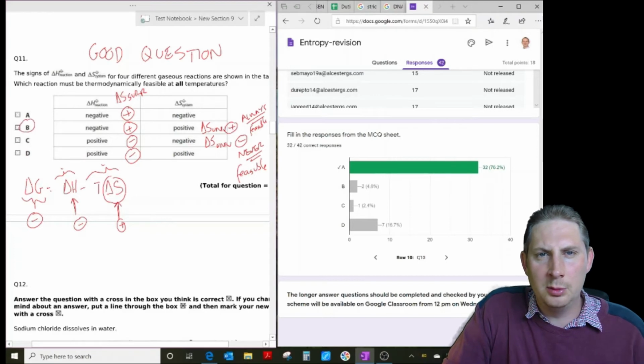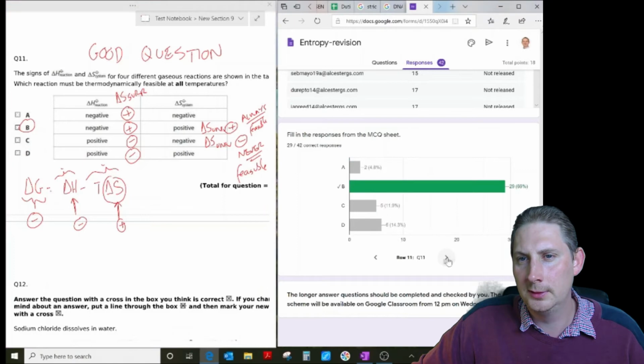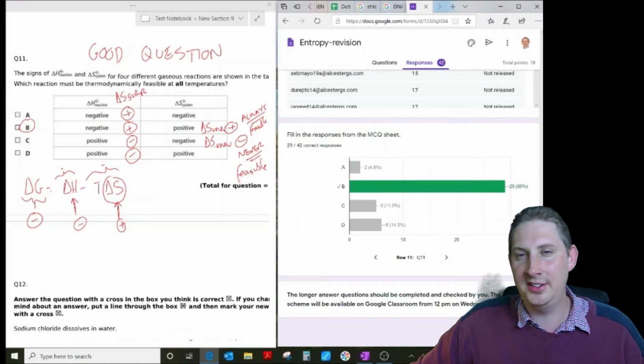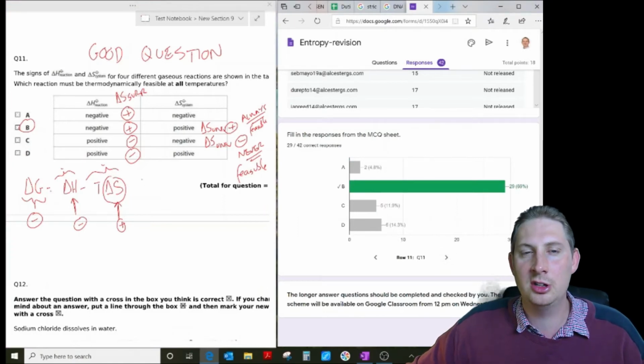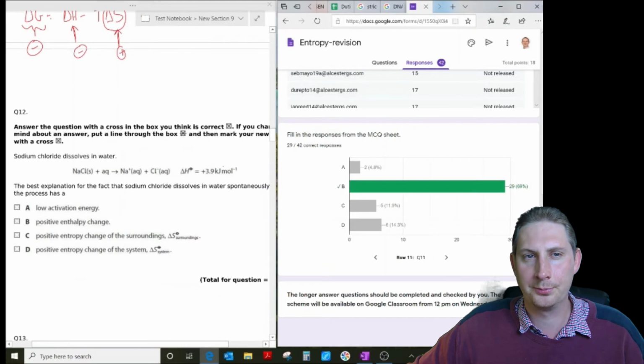So both cases would point you to the fact that B is the one that is always feasible. And 70% of you got that right, over 2/3, but still a large proportion of you can't work these ones through, and they do come up a lot.